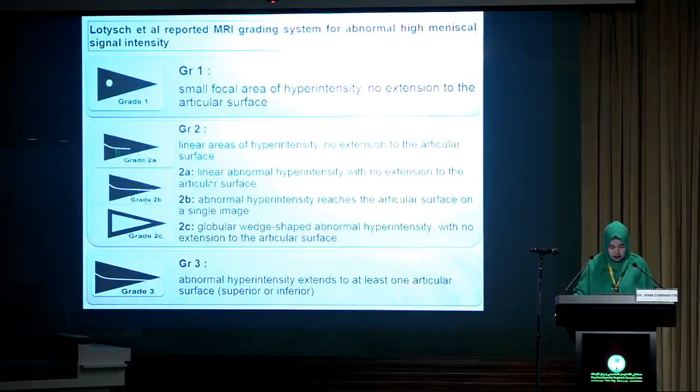In 2A, linear abnormal hyperintensity with no extension to the articular surface. Grade 2B, abnormal hyperintensity reaches the articular surface on a single image. 2C, globular wedge-shaped abnormal hyperintensity with no extension to the articular surface. For grade 3, abnormal hyperintensity extends to at least one articular surface, which can be the superior or inferior surface.